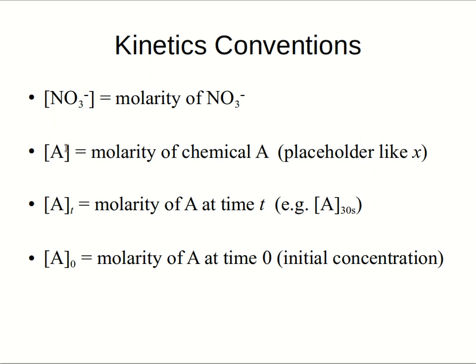And I want to write out my kinetics laws in a more general way, so I want to write them out chemical independent. And so I need some placeholder for any chemical, A, or if I have two reactants, A plus B, then I need the molarity of A and the molarity of B.